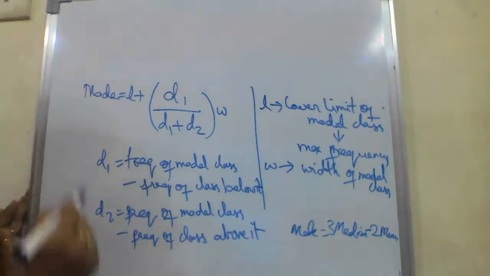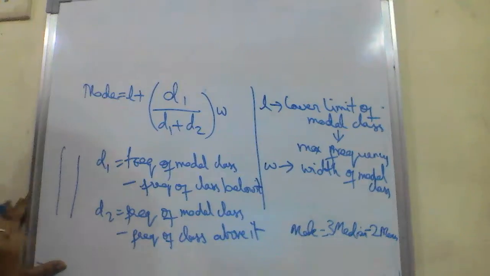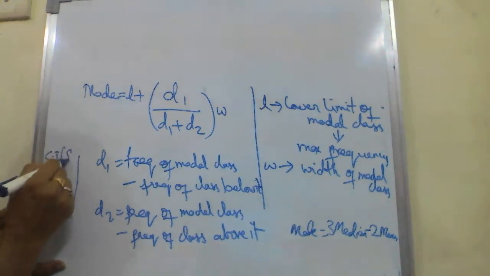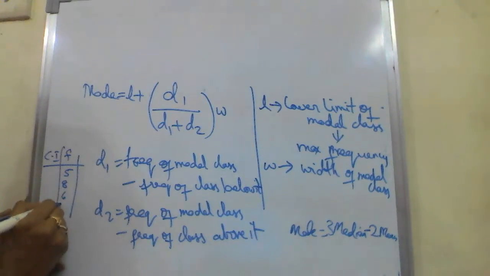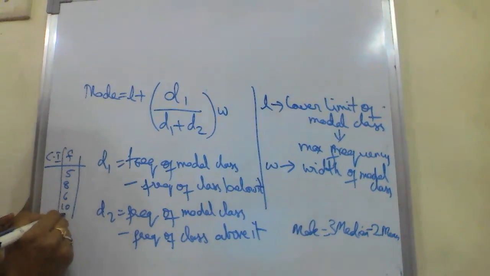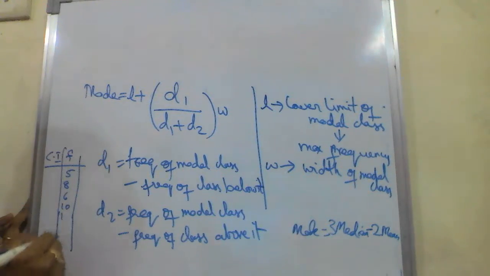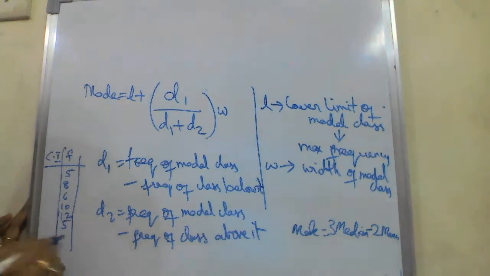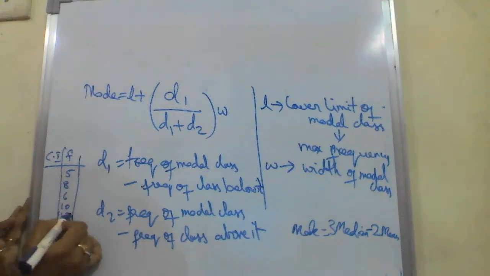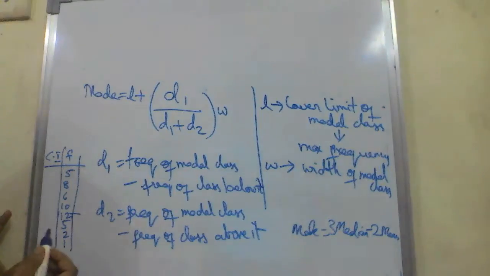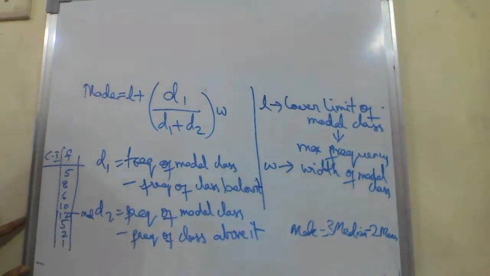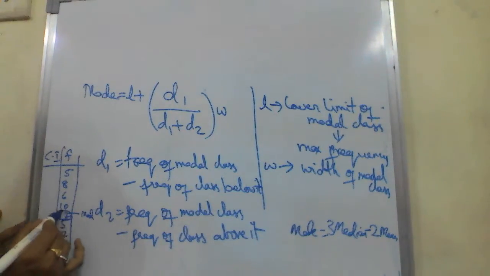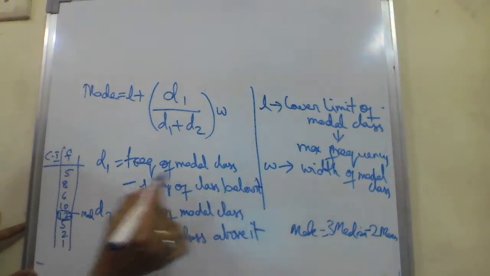Suppose you are given a frequency distribution table with class interval and frequency. You have some particular values: 5, 8, 6, 10, 12, 5 and 2, 1, like this. The highest frequency here is 12. So this is the modal class, and this particular frequency is the frequency of the modal class.